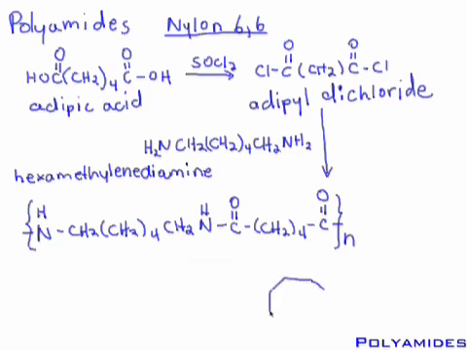So we must have 6 carbons. Here's an NH. So those are my carbons. I have 6 carbons, so this is a hexane. We have a double bond O off of here, so this is a cyclic amide, just like a cyclic ester.